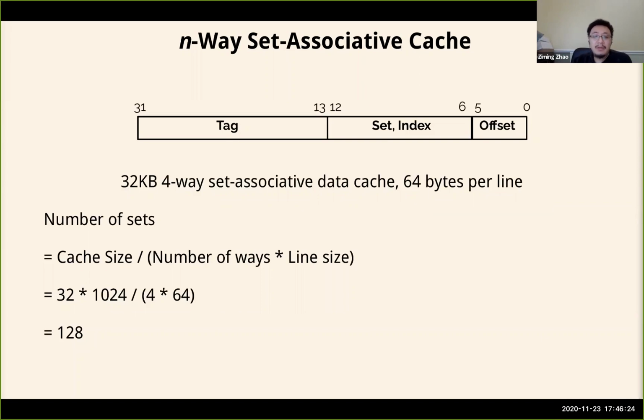Here we have an imaginary CPU. This CPU has a cache. It doesn't really matter which layer it is. Let's say this is a level 1 cache. This level 1 cache, let's assume we're talking about 1 core, just 1 CPU, 1 core, and we don't care about whether this is a virtual address or physical address. Let's assume everything is physical address.